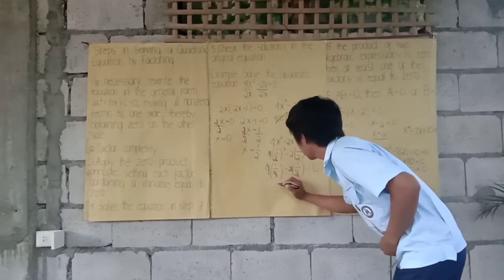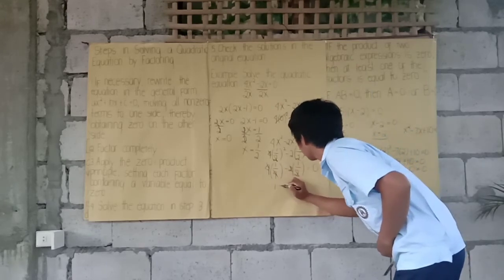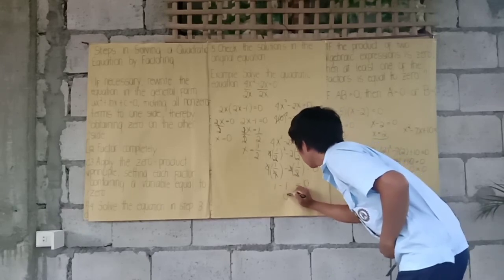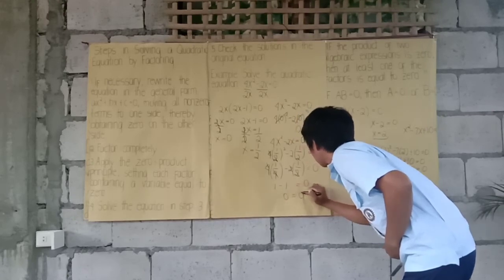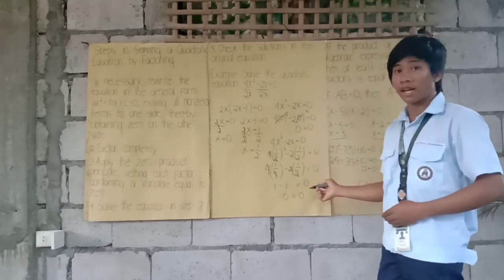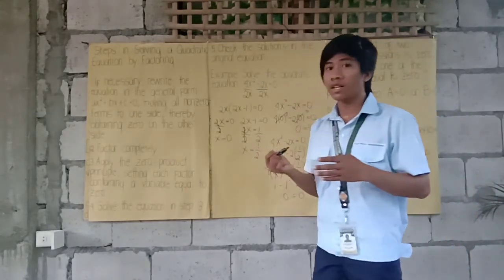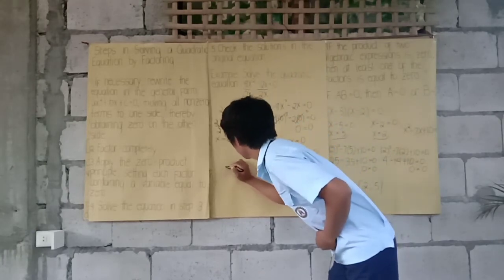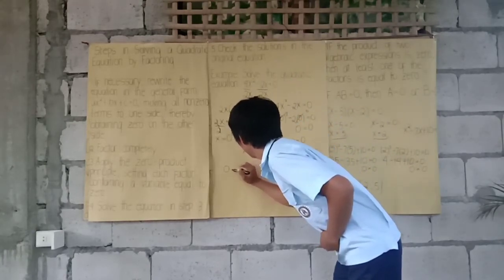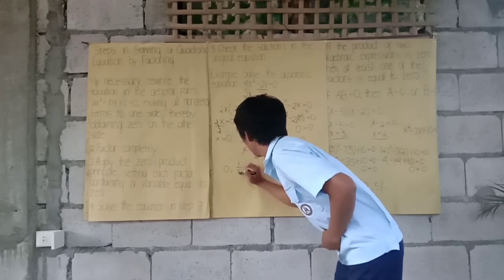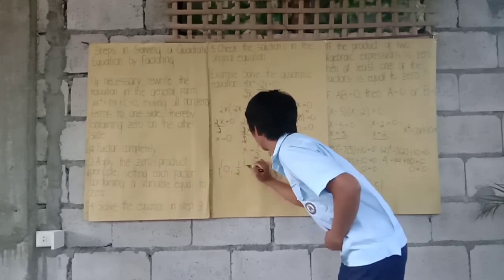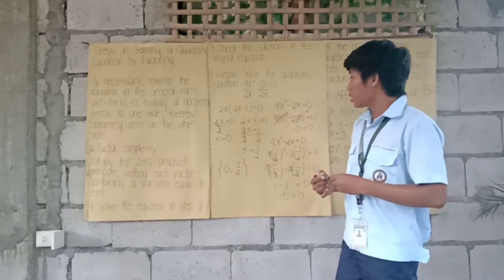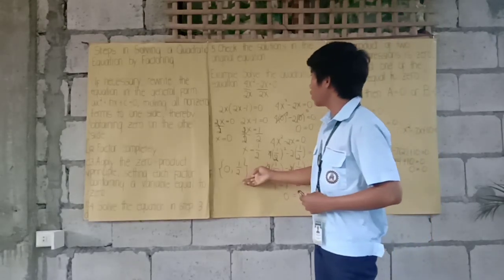Magiging matitira dyan is 1 minus 1 is equal to 0. So, true statement again. So, the solution set is 0 and positive 1/2. So, ito yung the solution set natin. This is the answer for this example.